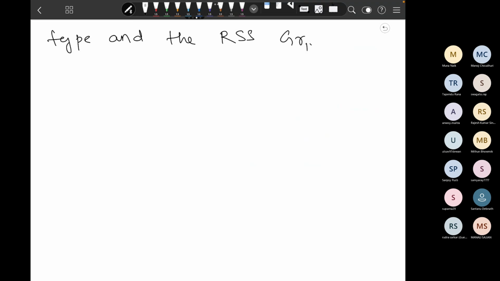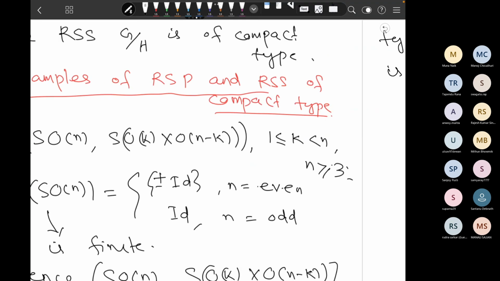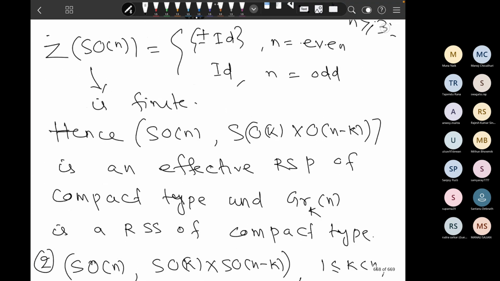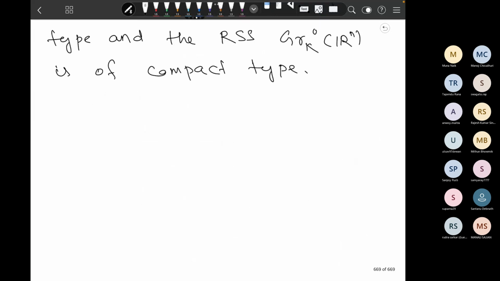Oriented Grassmannian. What was the notation? I actually forgot the notation. Gr_K(R^N), I think. Okay, so sorry, Gr_K(R^N).